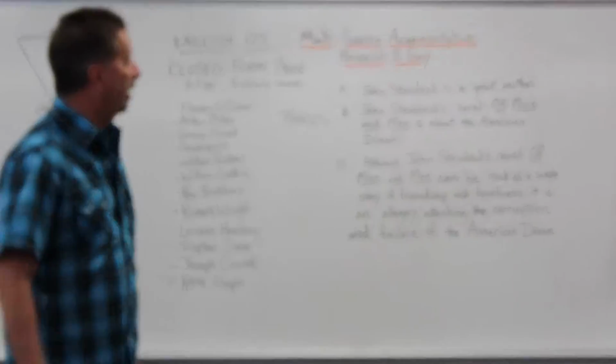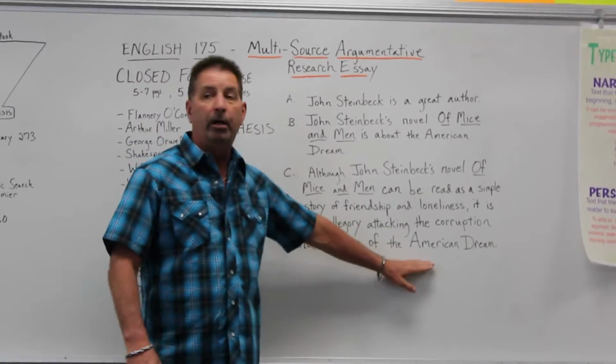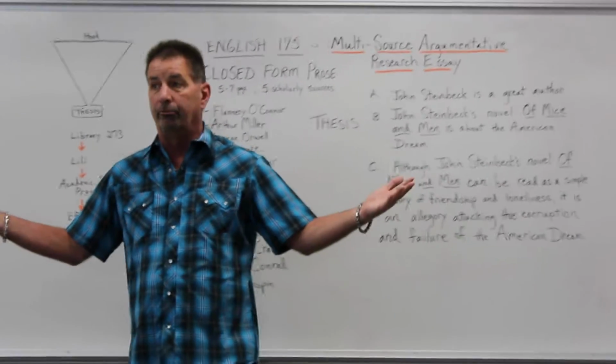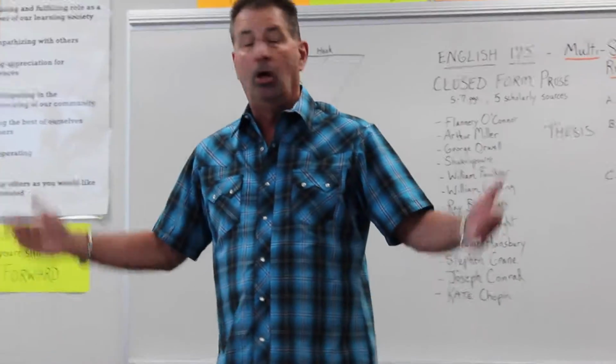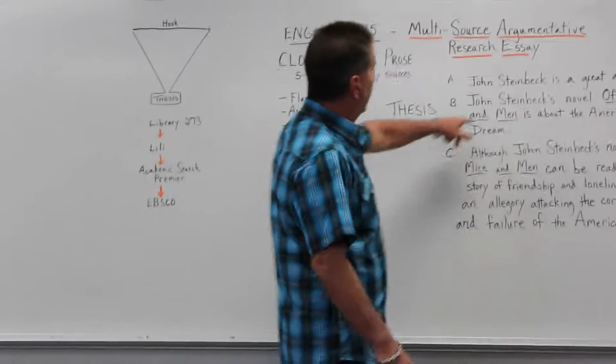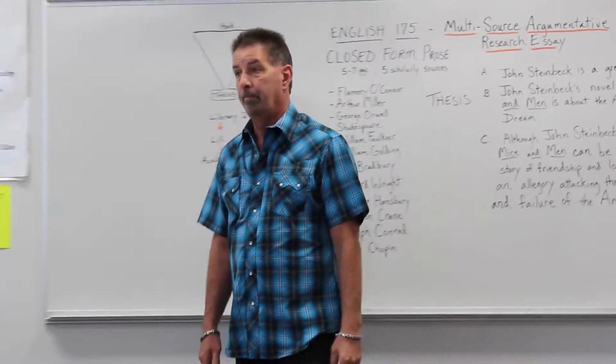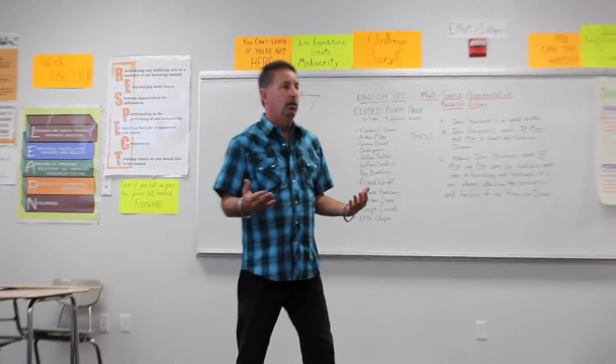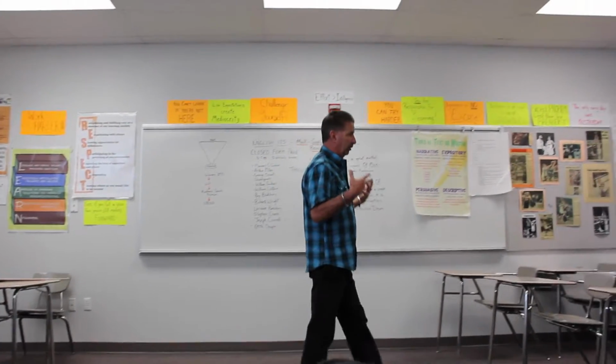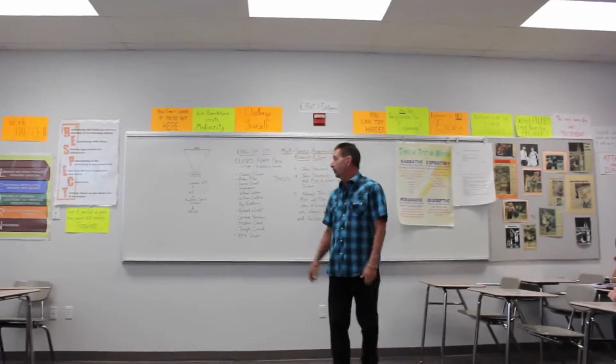Or you could use a direct quote, maybe not from Steinbeck, but about the American dream by somebody totally unrelated to John Steinbeck. Or you could find a quote from John Steinbeck about the American dream. Any way you want to work it, but you're going to begin with a direct quote acting as your hook.